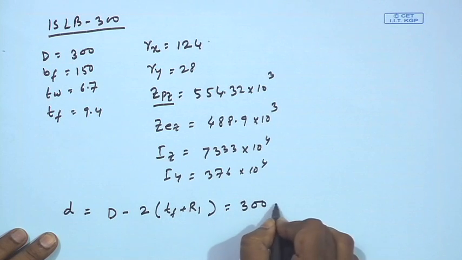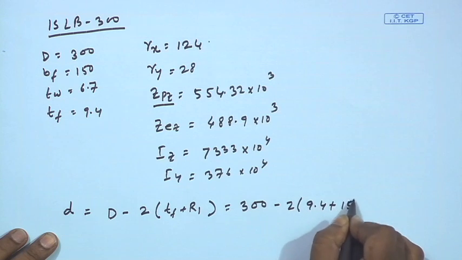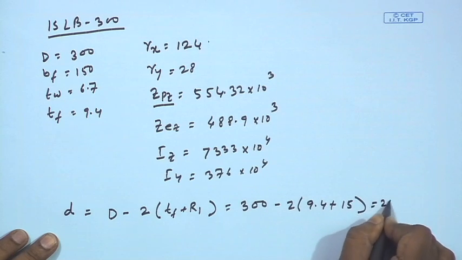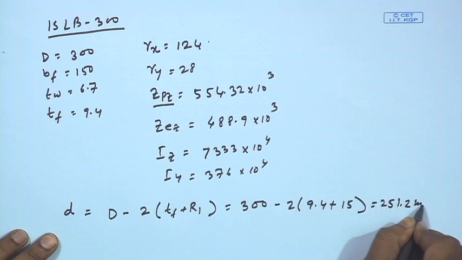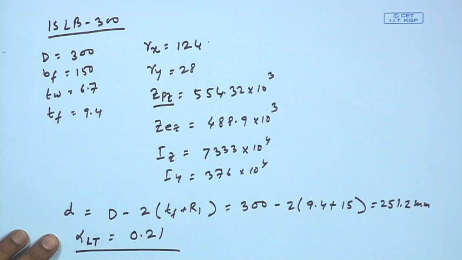So, if we calculate this value, we can find the effective depth as 251.2 millimeter. For a steel rolled section, the imperfection factor for lateral torsion, alpha LT, is 0.21, because we are using a steel rolled section.